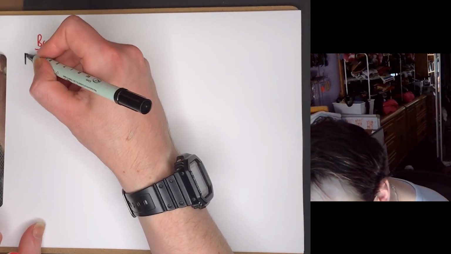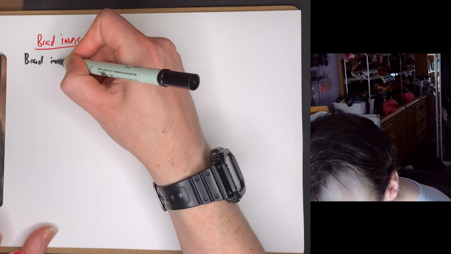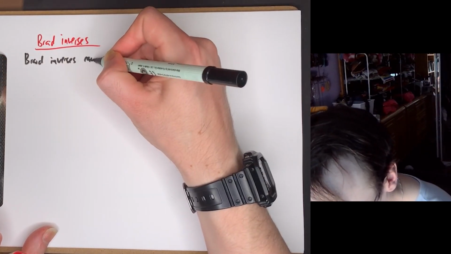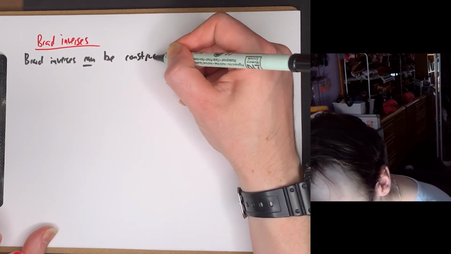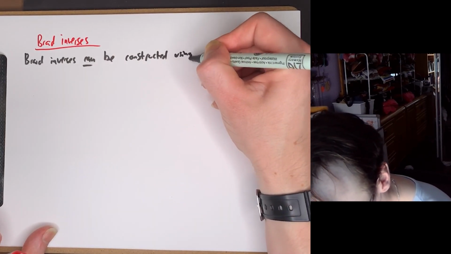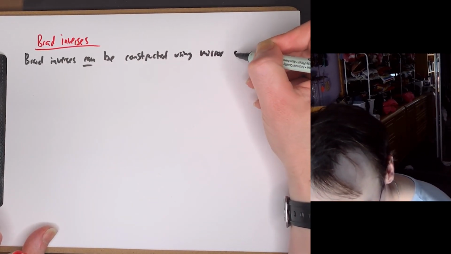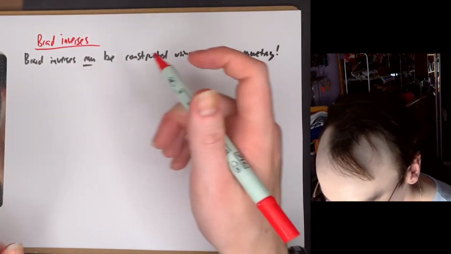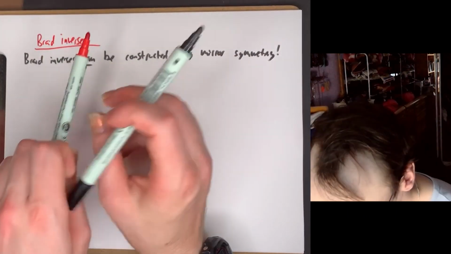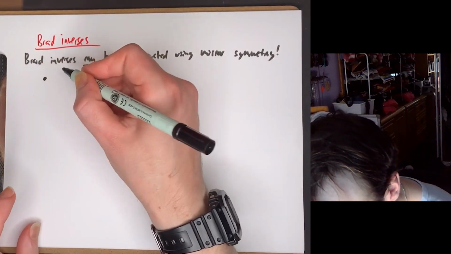So braid inverses can be constructed using mirror symmetry. Here's how braid inverses work.